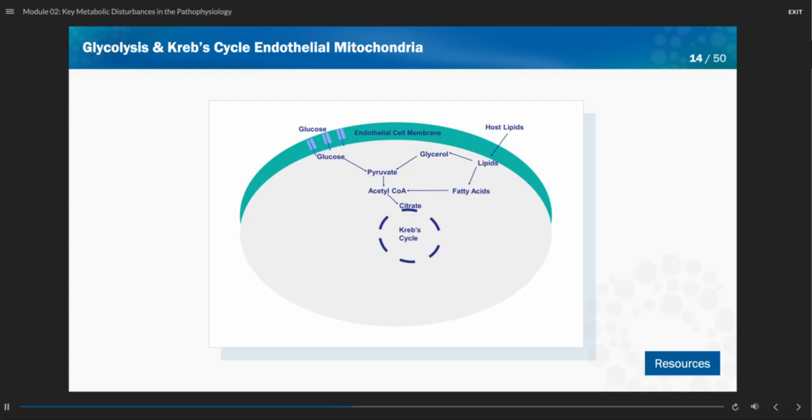Years ago, 1950s and 60s, it was demonstrated that you could give healthy medical students, whatever that means, high lipids and turn their diabetes tests positive. And this kind of explains how that works. Those lipids also can fill up the Krebs cycle.